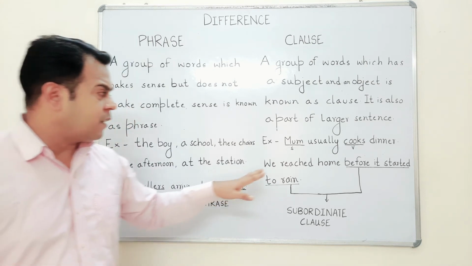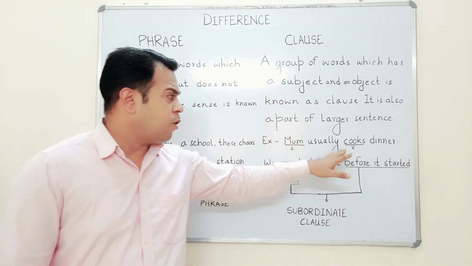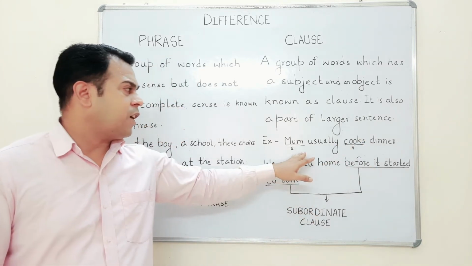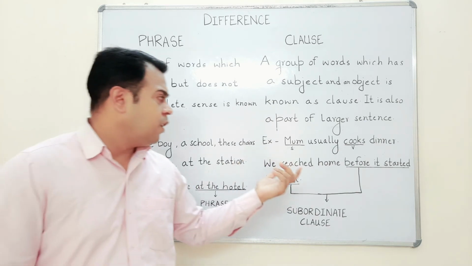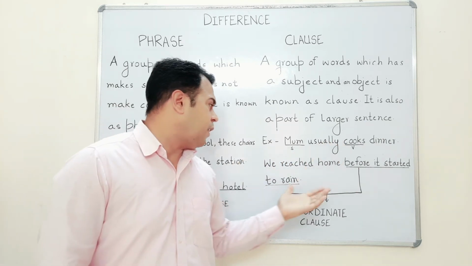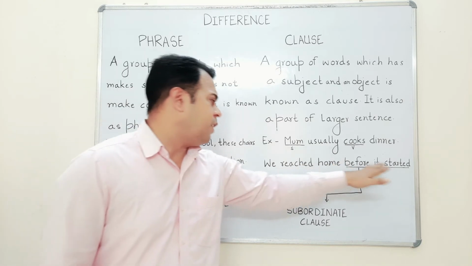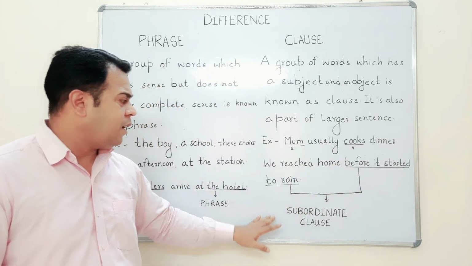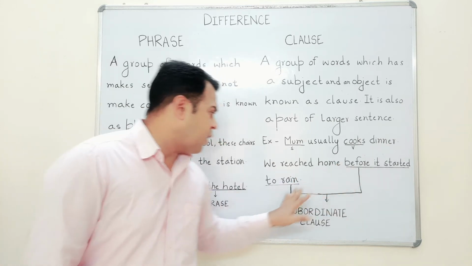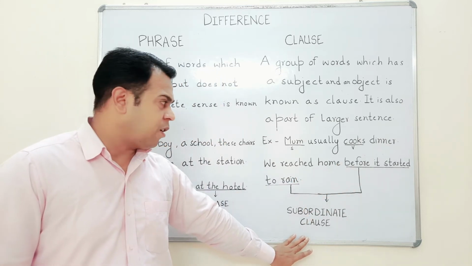Now look at this sentence. Mom usually cooks dinner. So this is the subject, this is the verb. Another example: we reached home before it started to rain. Here you can see before it started to rain is a subordinate clause.